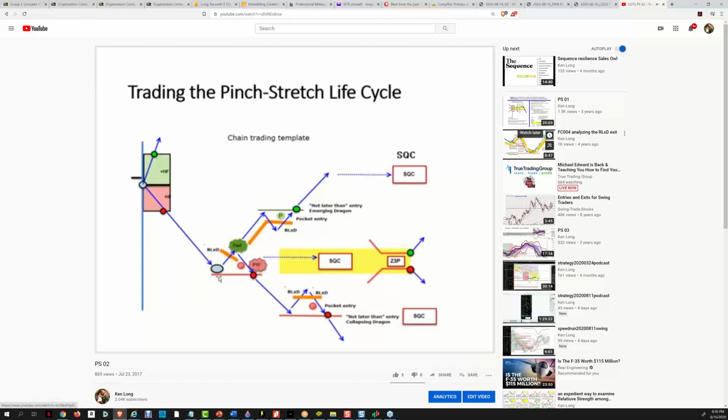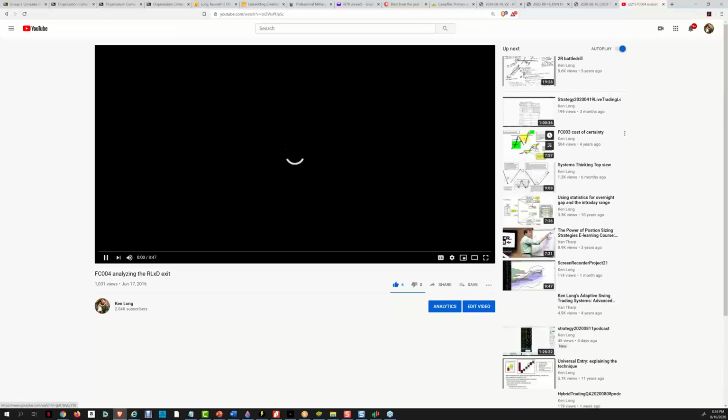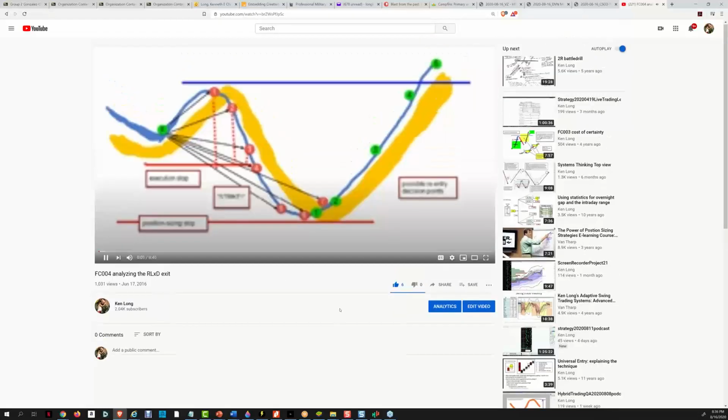There's our various sniper exits on the regression line crossing the dragon. And talking about different reasons about how soon or how early or how late do you take entries and exits when you're looking at price with respect to the dragon.